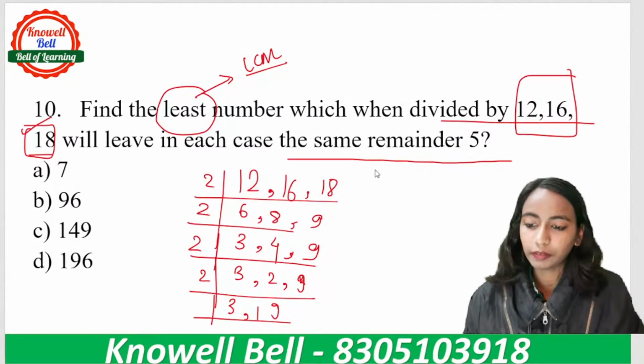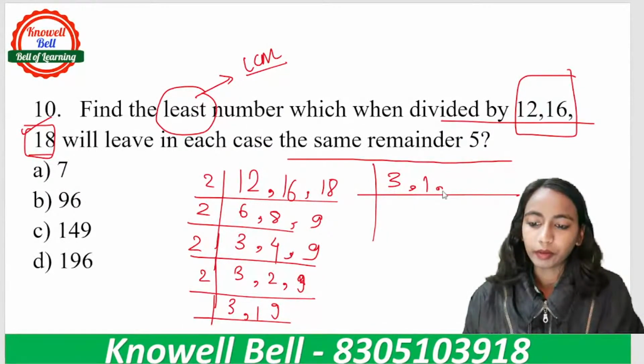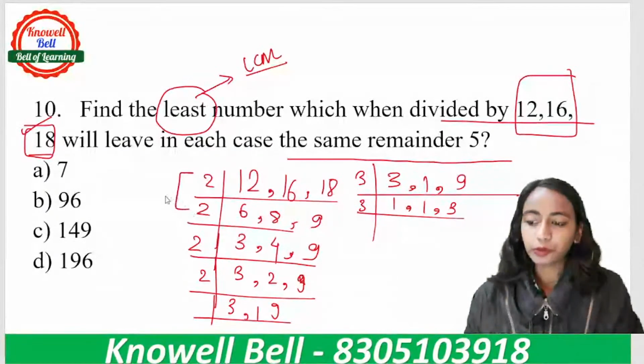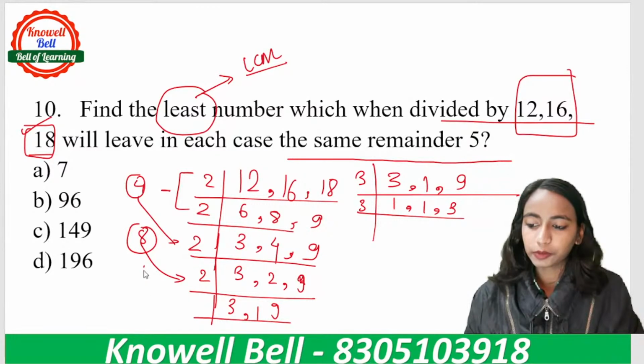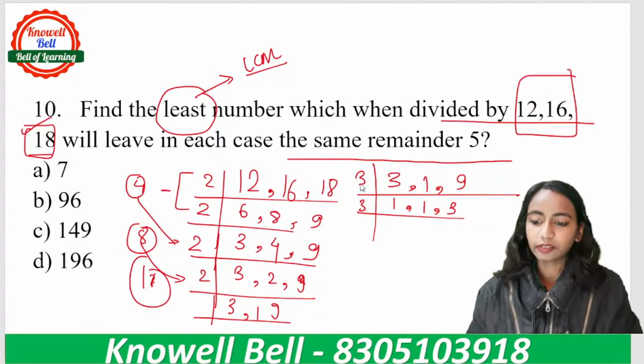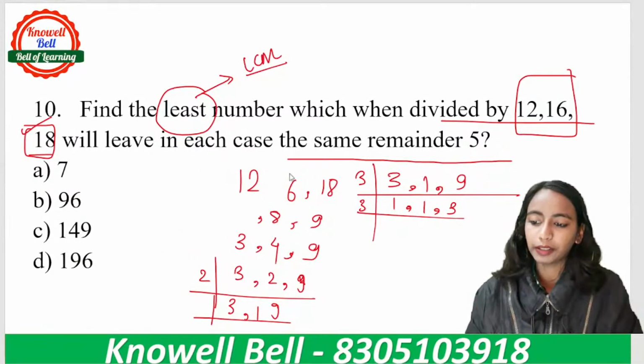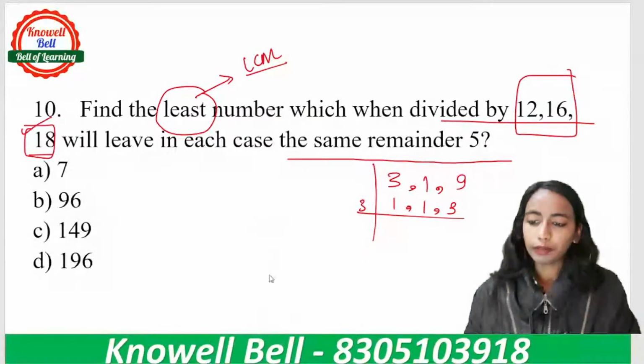Then further, 3, 1, 9. So it would be 3 1s are 3, 1, 3, 3 3s are 9, and again 3. So 2 2s are 4, 4 2s are 8, 8 2s are 16, 16 threes are, and the final LCM that we are going to get for all this sum is 144.